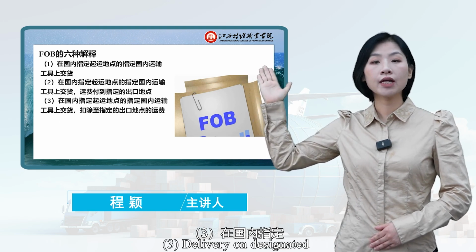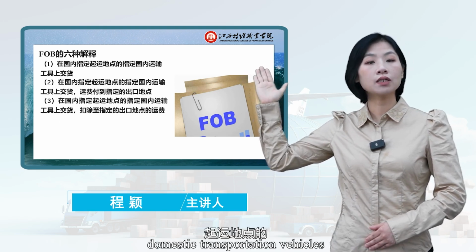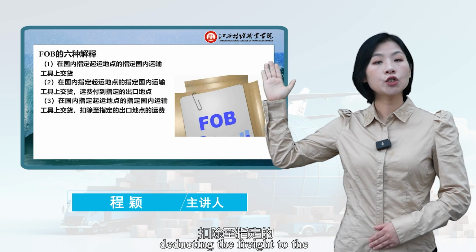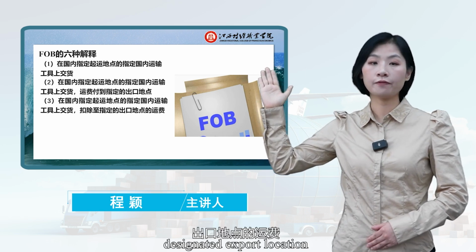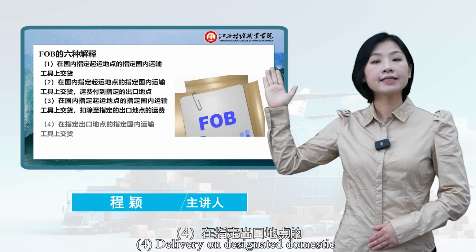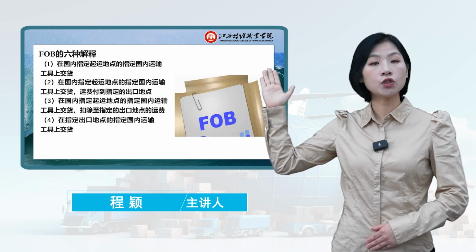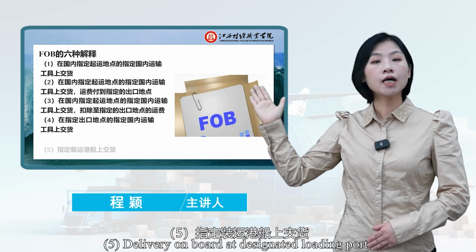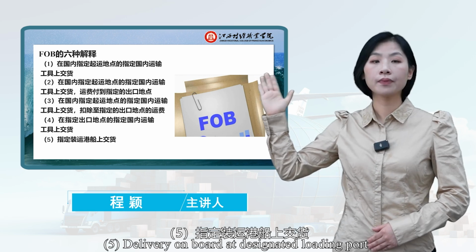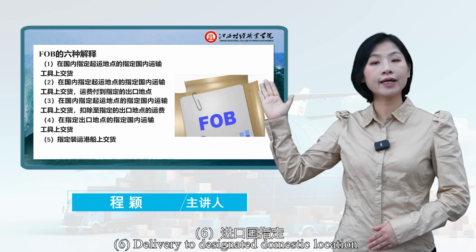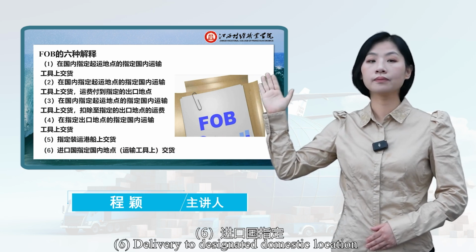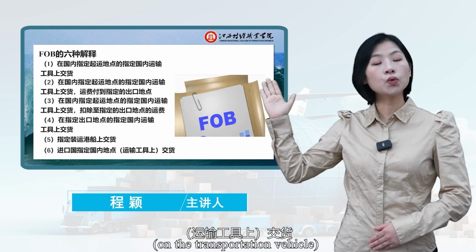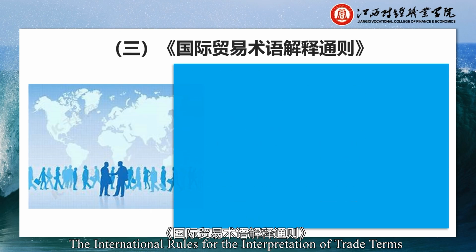Third, delivery on designated domestic transportation vehicles at the designated place of origin in the country, deducting the freight to the designated export location. Fourth, delivery on designated domestic transportation vehicles at the designated export location. Fifth, delivery on board at the designated loading port. Sixth, delivery to a designated domestic location in the importing country on the transportation vehicle.